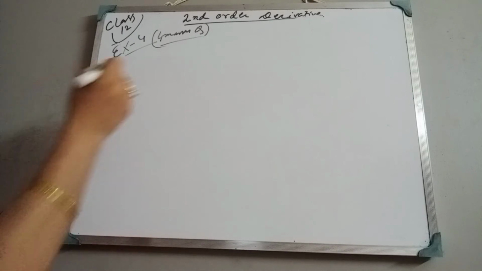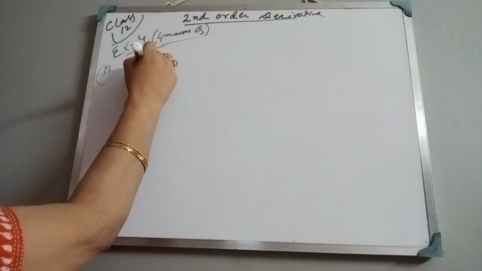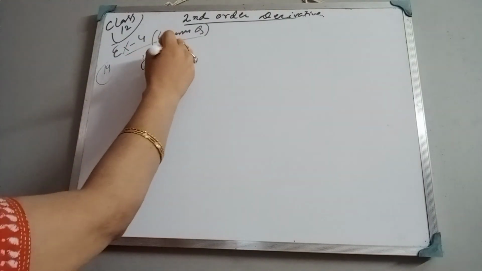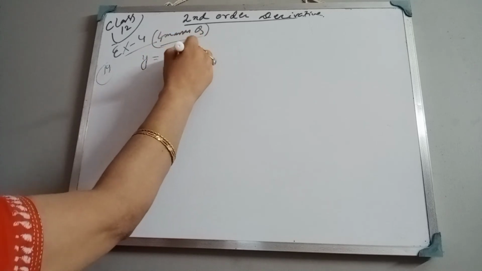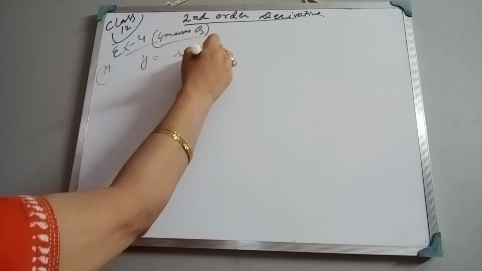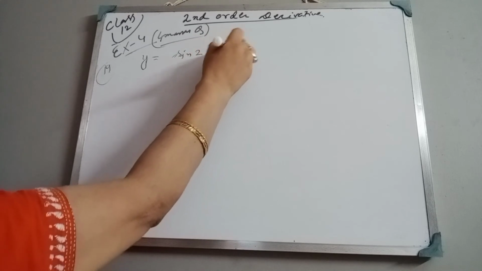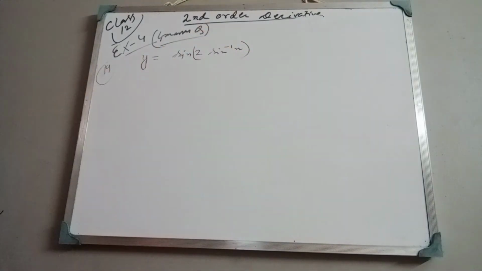Sum number 19, what is the question? y equals sine of 2 sine inverse x.